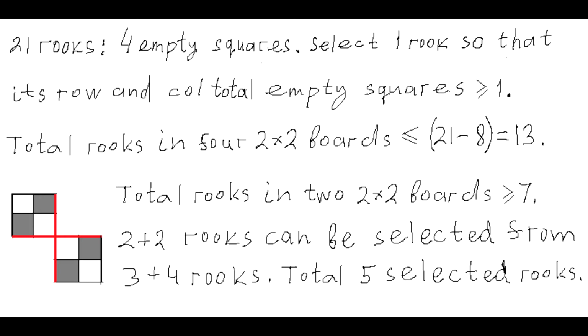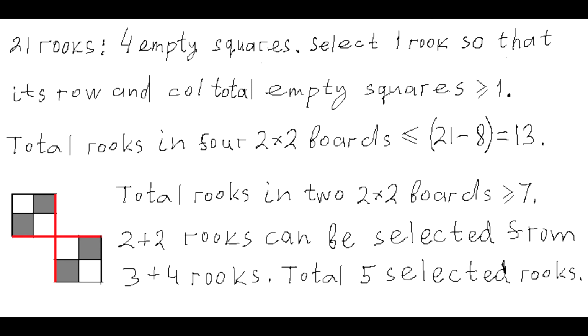Let us prove the case with 21 rooks placed in one 5 by 5 board. Such board has 4 empty squares. The algorithm of selecting 5 rooks that do not attack each other is as follows. Select the first rook so that its row and its column combined contain at least 1 empty square.